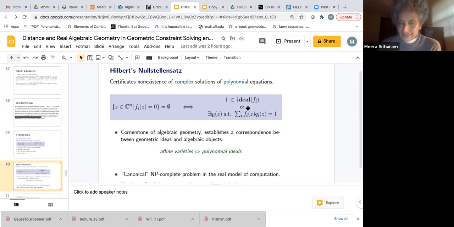This is also the same as saying that 1 is in the ideal, and by the equality of the vanishing ideal and the ideal, there are some multiplying polynomials such that you can demonstrate that 1 is in the ideal by writing 1 as this polynomial combination of the original polynomials.